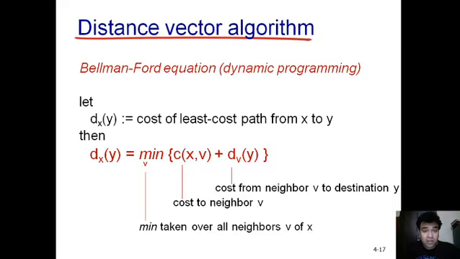In the last lecture, we discussed the link state routing algorithm, which is again an intra-domain routing algorithm.